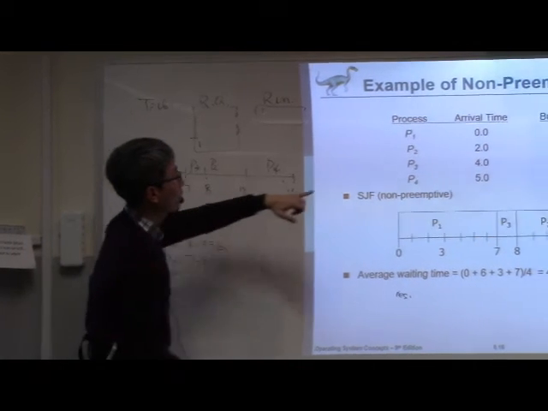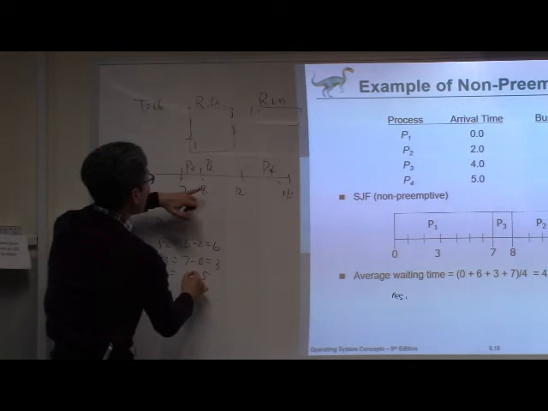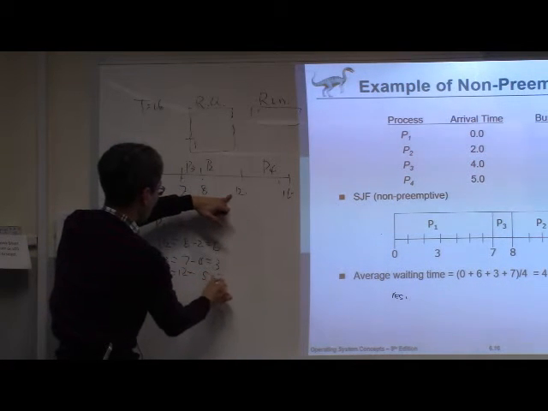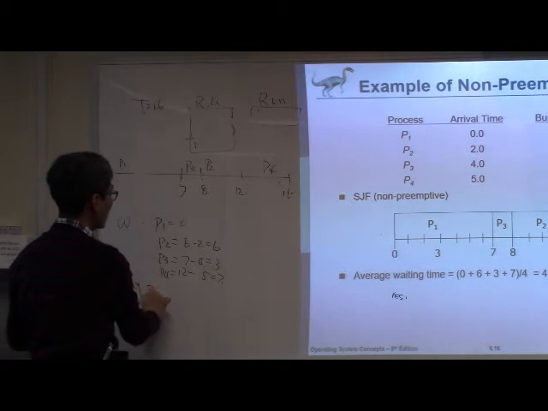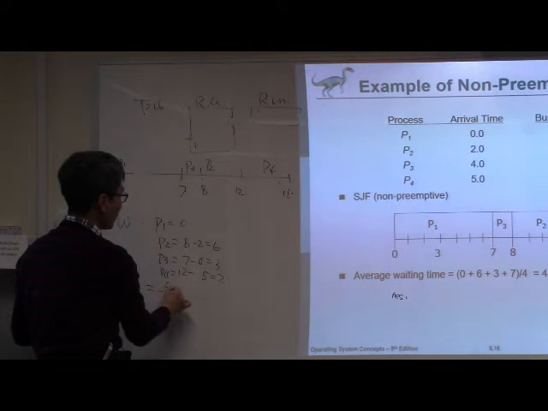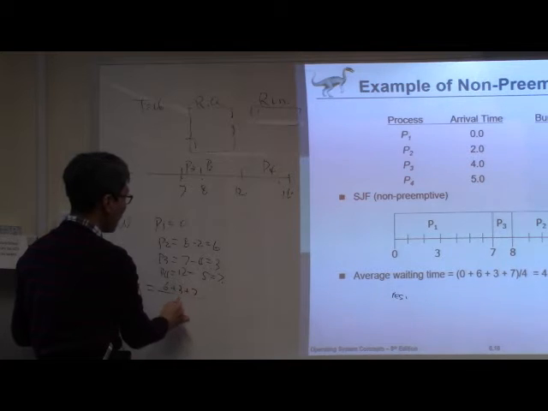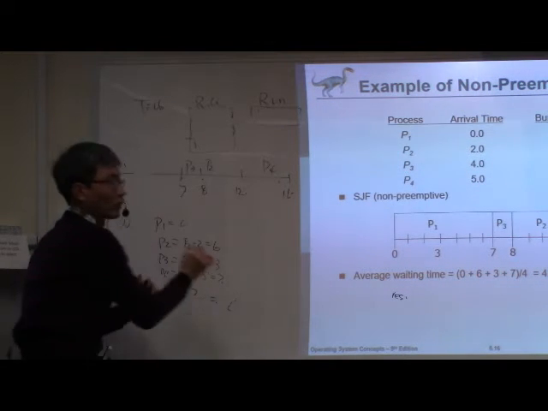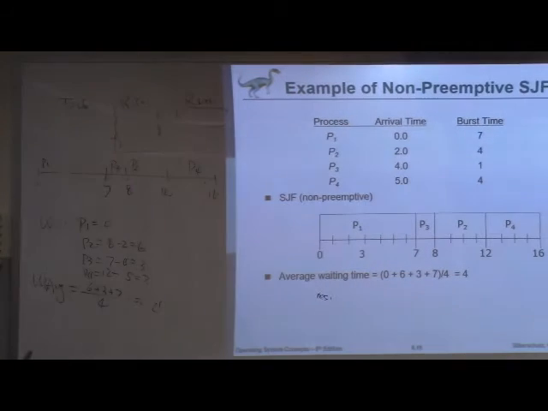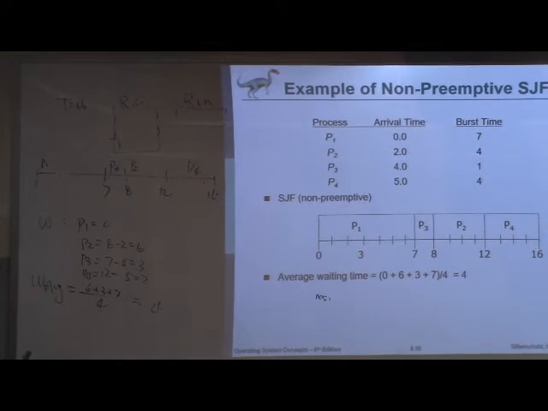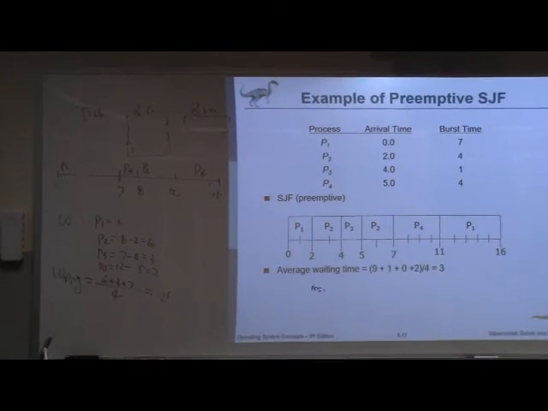P4 arrived at 5 and started at 12, so this is 7. So the average waiting time is 6 plus 3 plus 7, divided by 4. That is 4. Any questions so far? Easy? Okay, let's move to the next one.